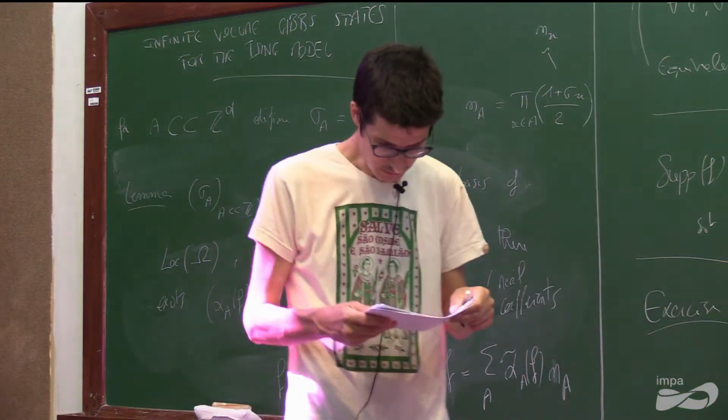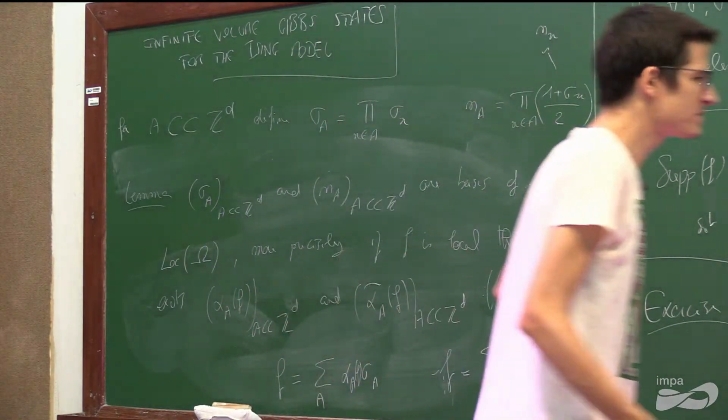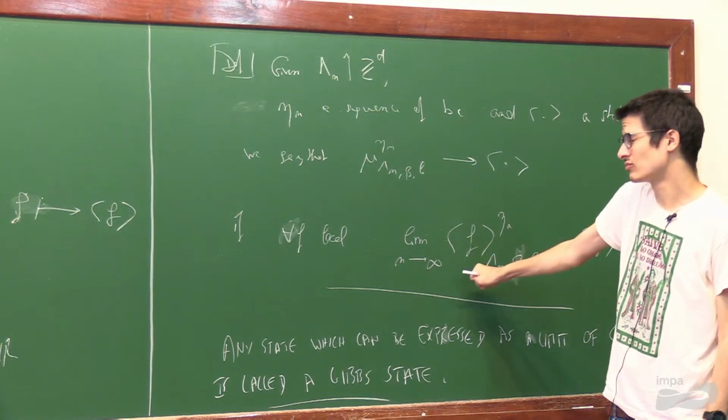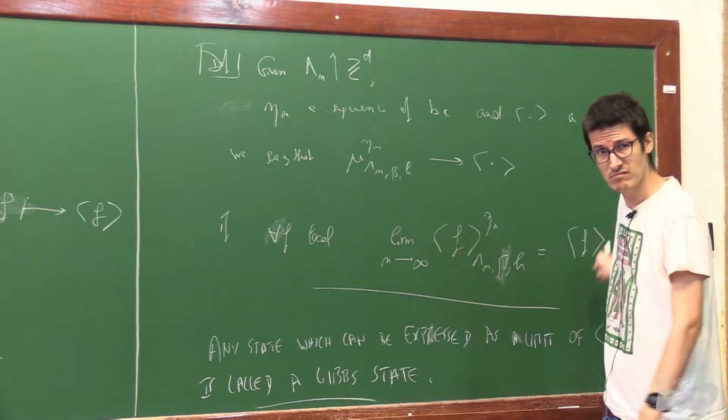So before proving this, let me use that. I don't really need it, but it makes the proof cleaner. Let me use this just to show the existence of Gibbs states.